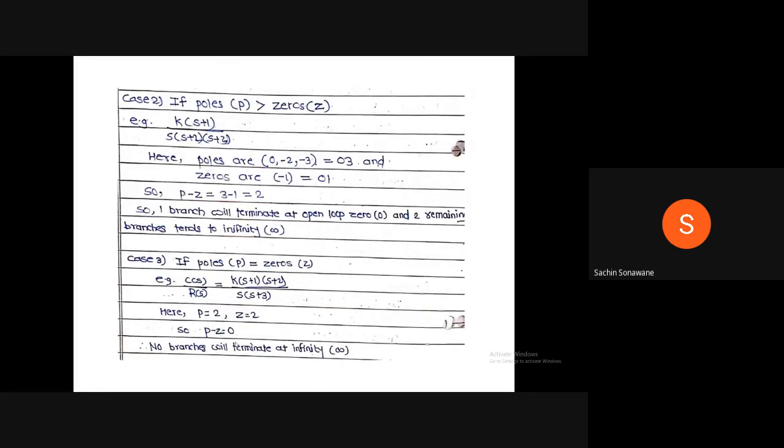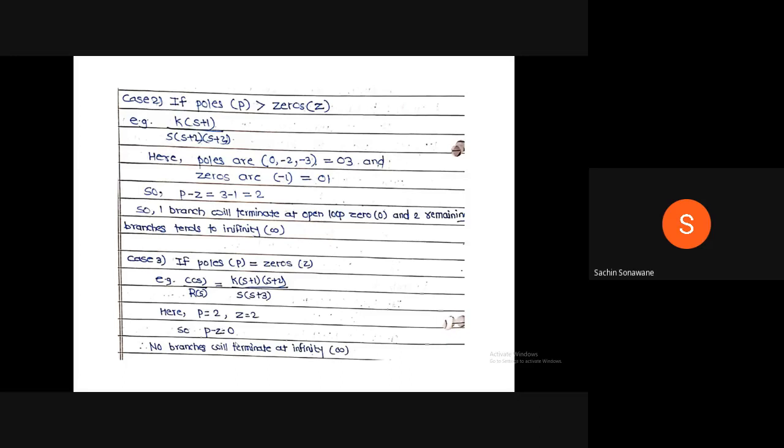Case 2: if the number of poles P is greater than the number of zeros Z. Therefore, K into bracket (s plus 1) divided by s into bracket (s plus 2) into (s plus 3). Here poles are 0, minus 2, minus 3, and the zero is minus 1, so Z is equal to 1. Therefore, P minus Z is equal to 3 minus 1, which is equal to 2. Therefore, one branch will terminate at the open loop zero and two branches tend to infinity.